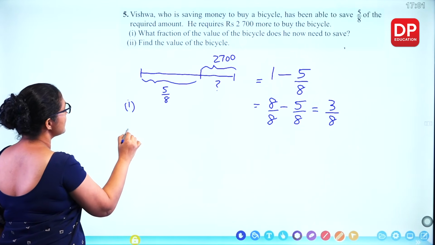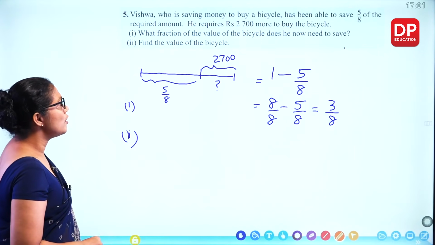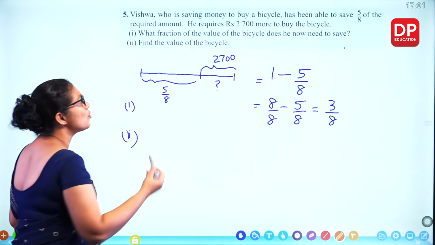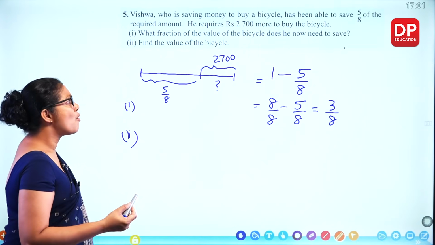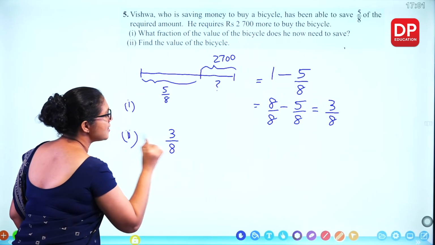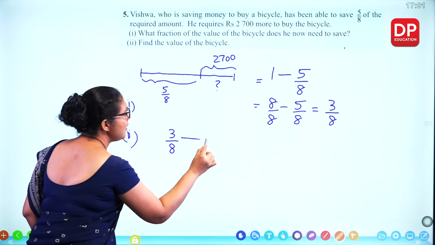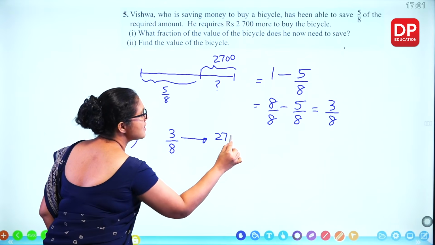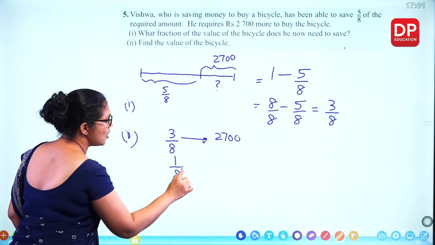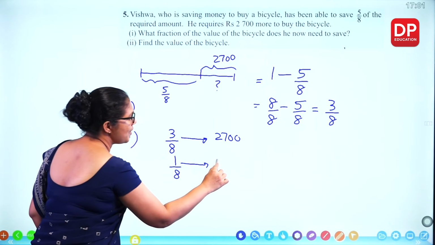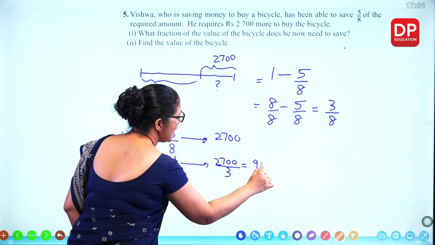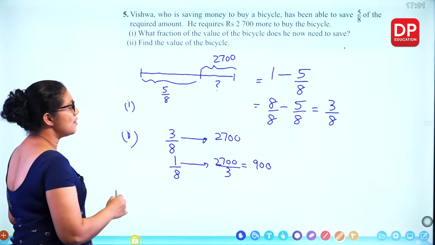Now, in the second part, find the value of the bicycle. It's given. He needs 2,700 more to get the bicycle. But we know that part is 3/8. 3/8 represents 2,700. So how you find out one part? You divide this by 3. You get 900. Now you need the full amount.